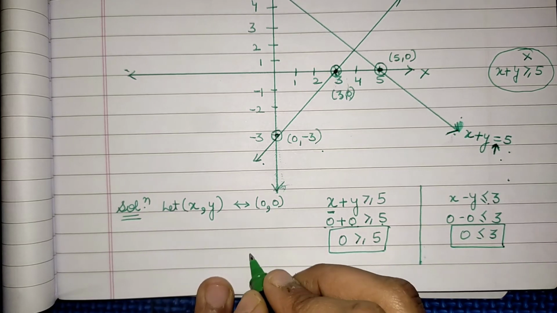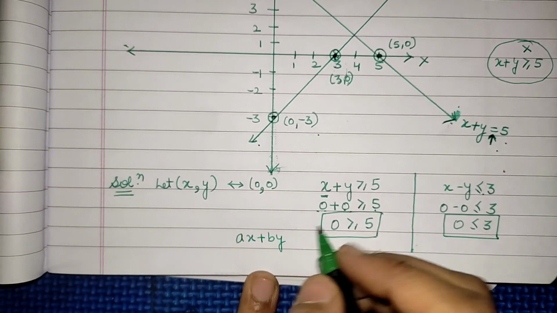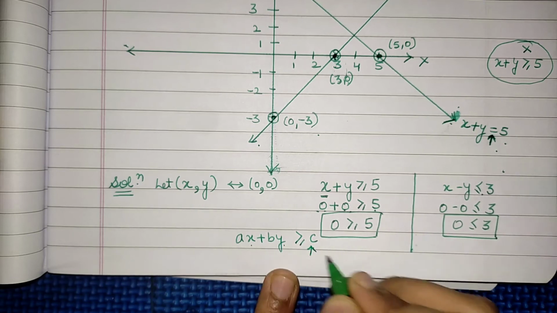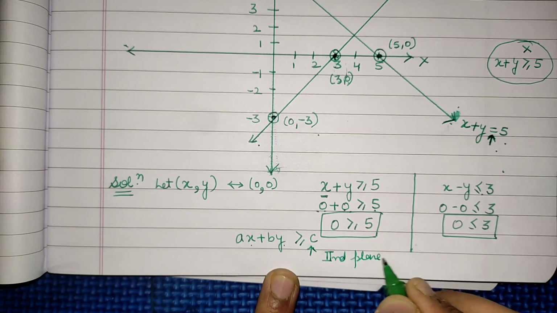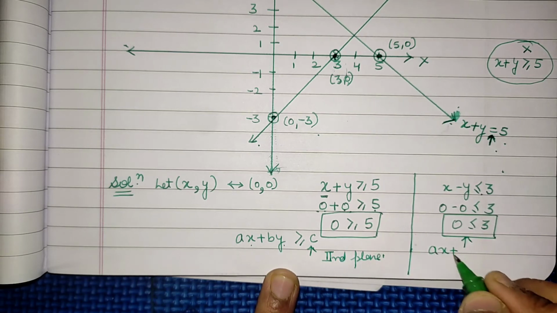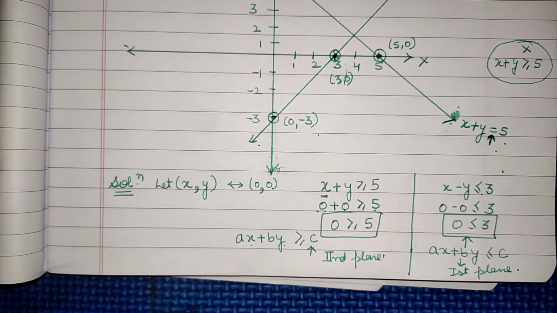Okay, so I have told you in my first video that if ax plus by is greater than c in such type of questions, then your solution will lie in the second plane, and if ax plus by is less than or equal to c, then our solution will lie in the first plane.